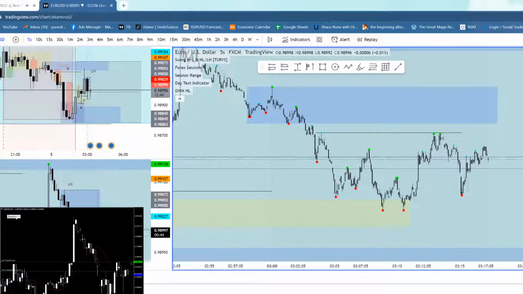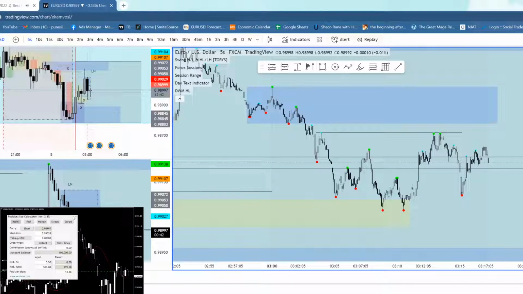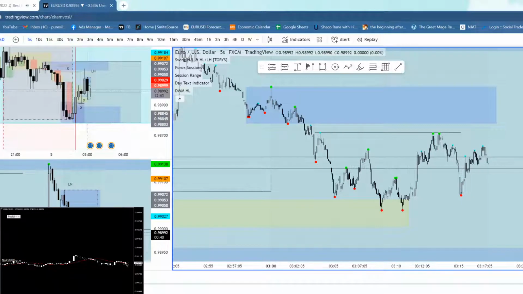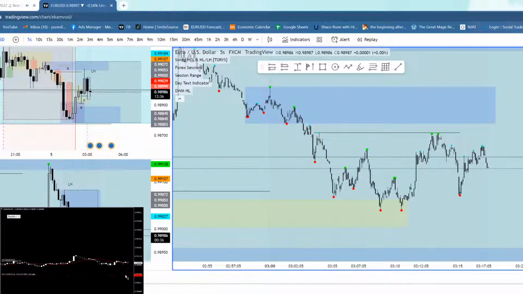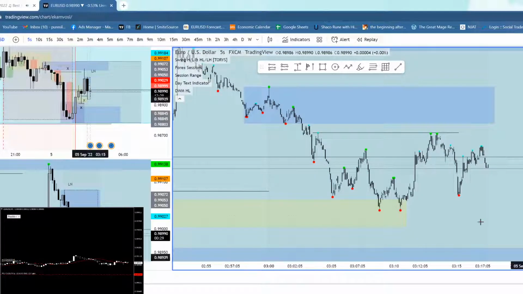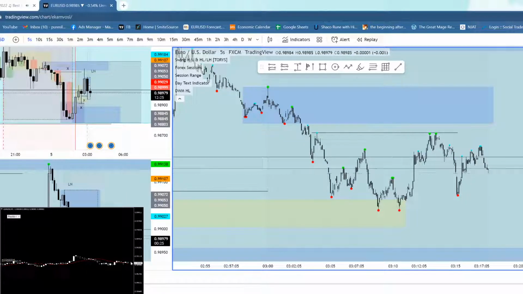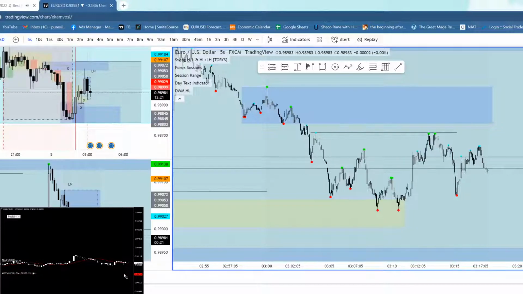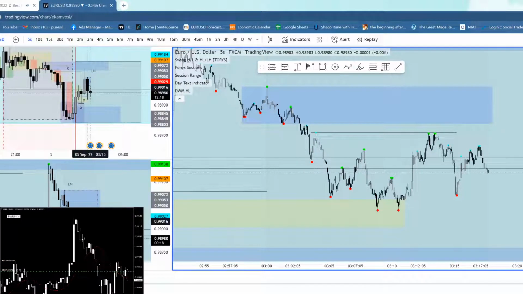I didn't mean to take such a thick stop loss, but hey, it is what it is. I have no clue why it's not letting me move my TP, but okay. There it goes.